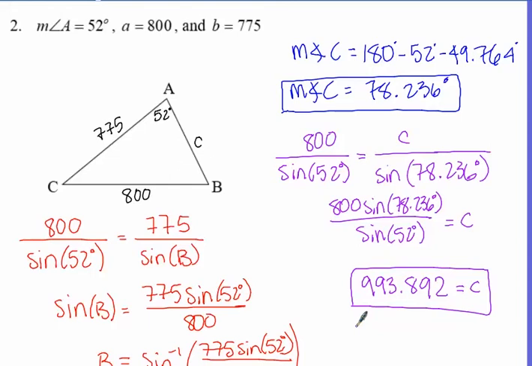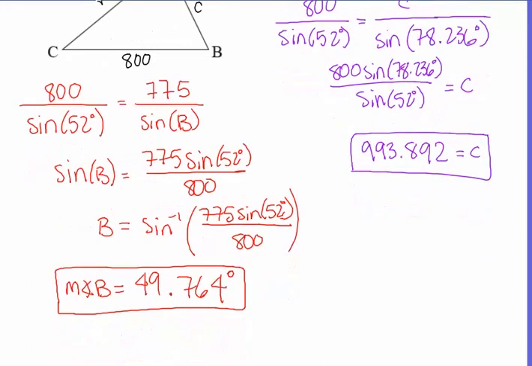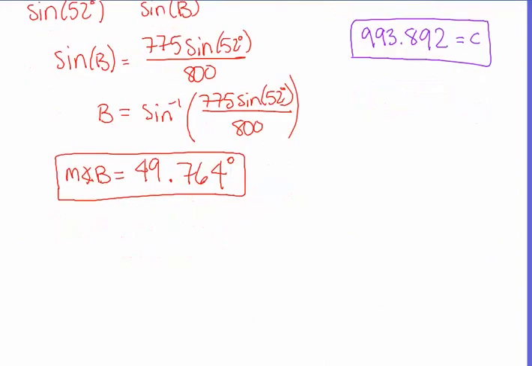Now, let's check and see if there is a second possible triangle. We know that the supplementary angle to angle B will have the same sine value as angle B. So that means we have 180 minus 49.764.